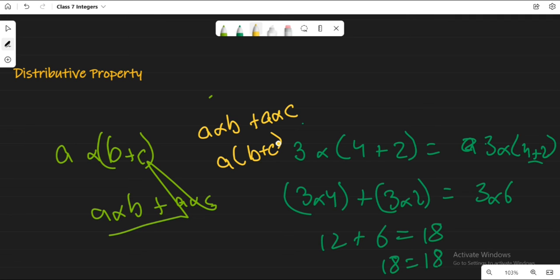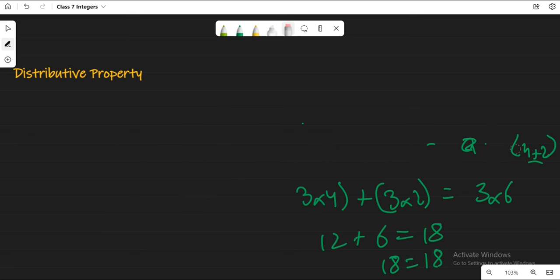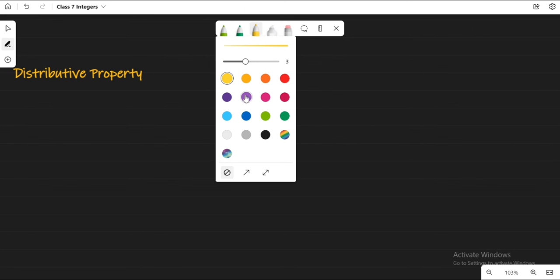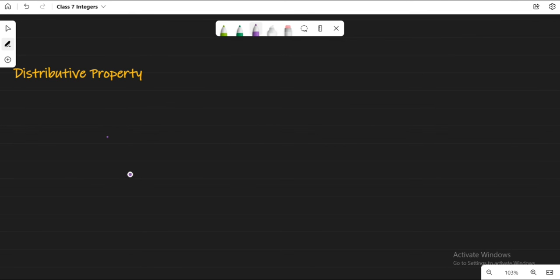Now let's learn about distributivity of multiplication over subtraction. Distributivity of multiplication over subtraction means that a into (b minus c) is equal to a into b minus a into c.